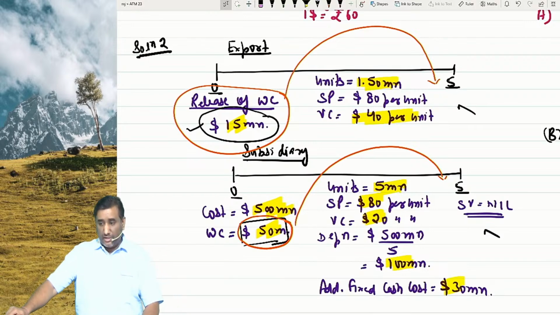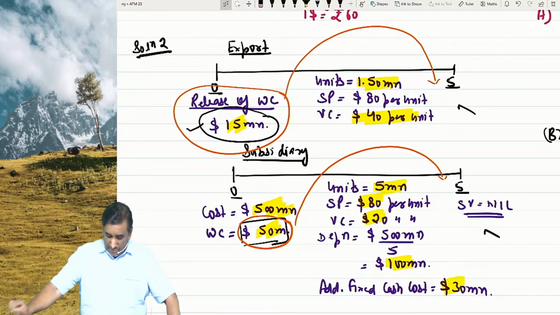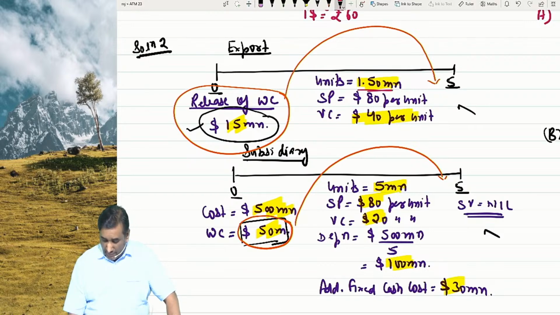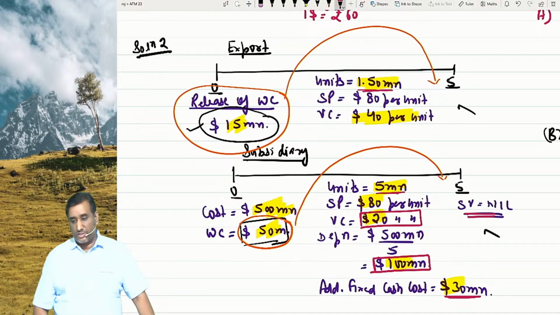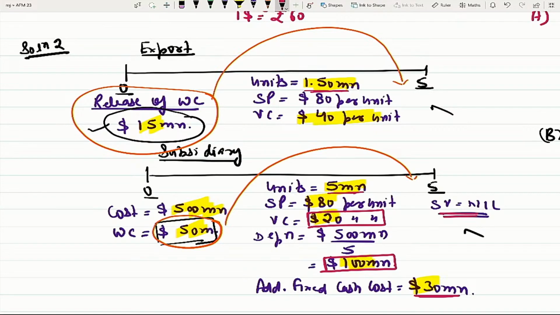We have release of working capital, export what we have, and then 0 period 15 million, units 1.5, selling price $80 per unit, variable cost. Subsidiary if I go, the important point changing is this 1.5, this 5 million, 20 dollar, 100 million depreciation, 30 million cash cost here, and then salvage value is nil. Working capital we have at the end of the years. So read it carefully please.